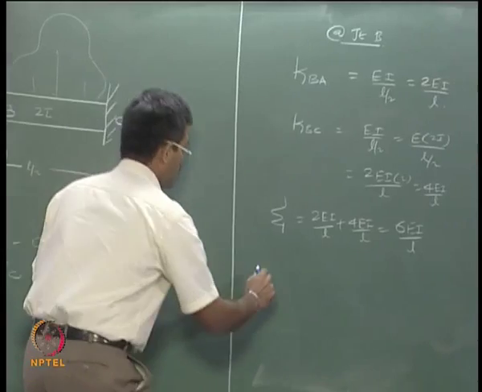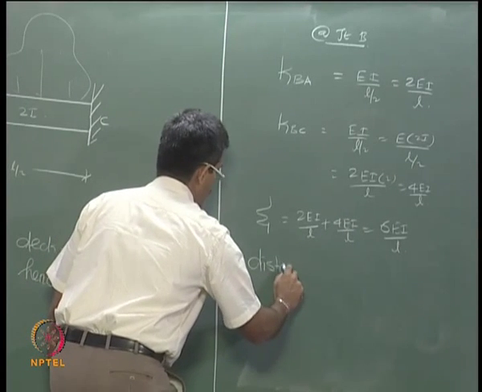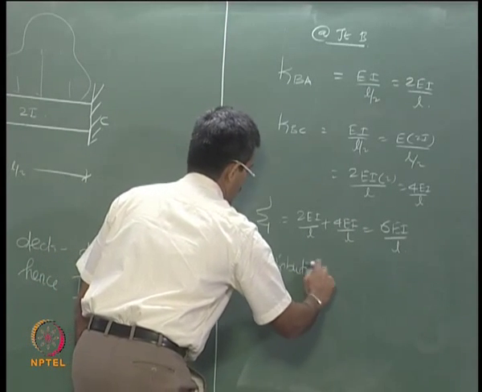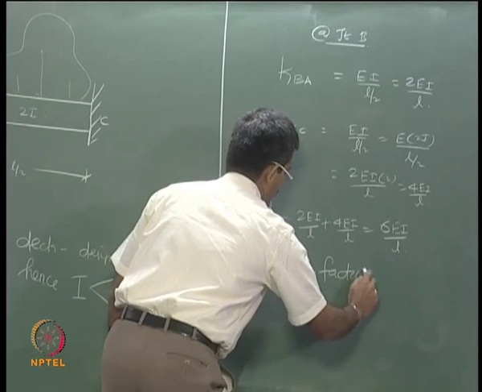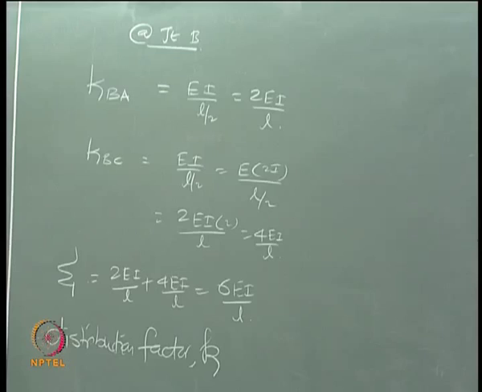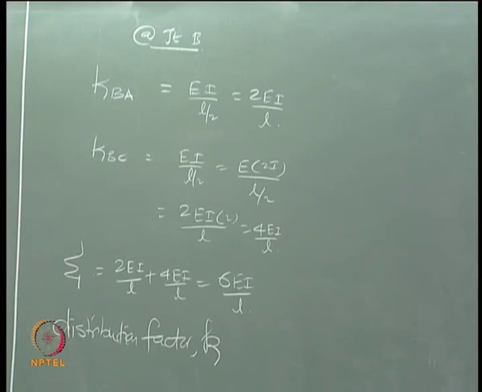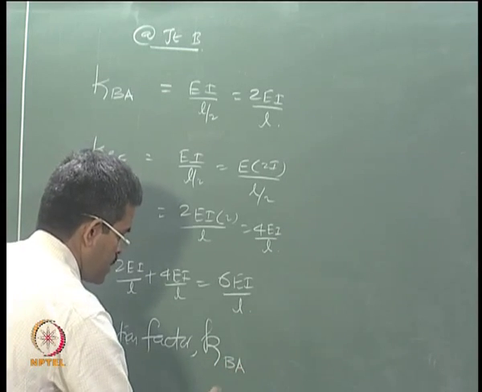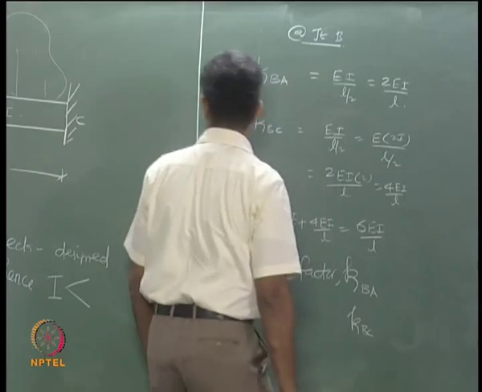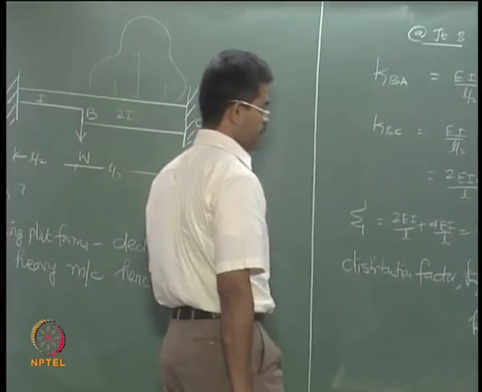Let me find out what I call the distribution factor, which I call K, for segments BA and BC separately.